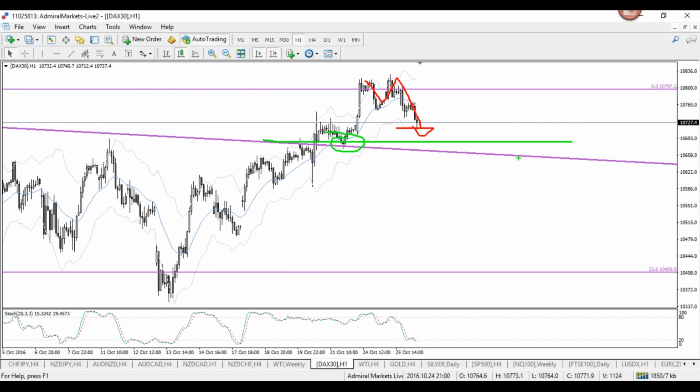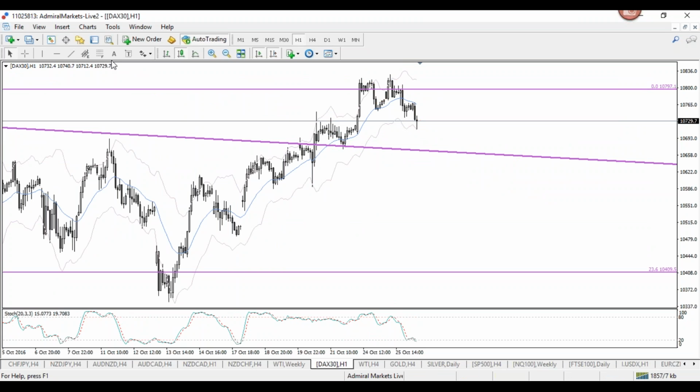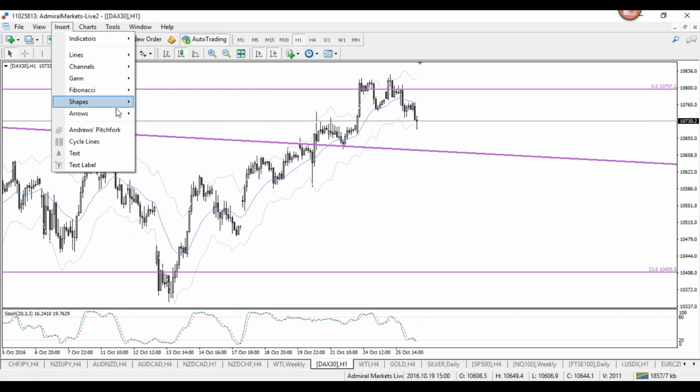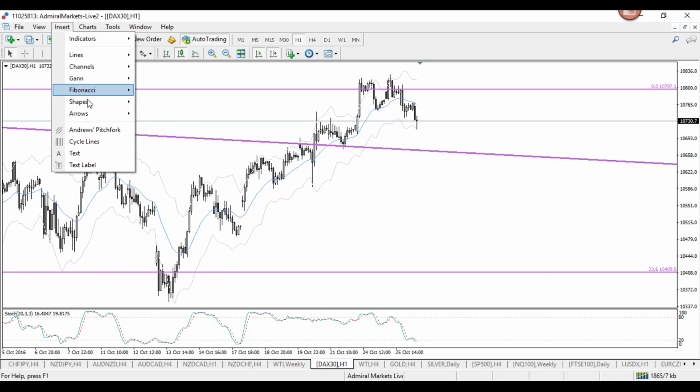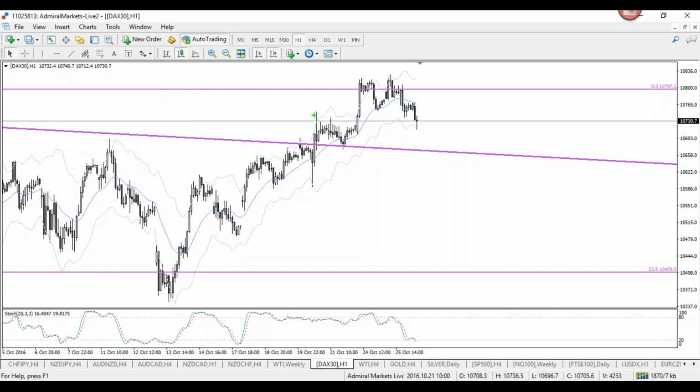I would expect a bounce in this zone. Let me put a box. No box seems to be visible. I'm not sure. Yeah, you get the point.